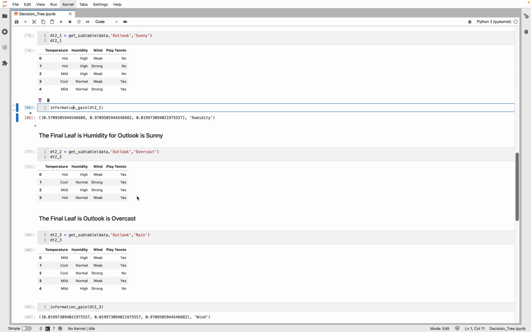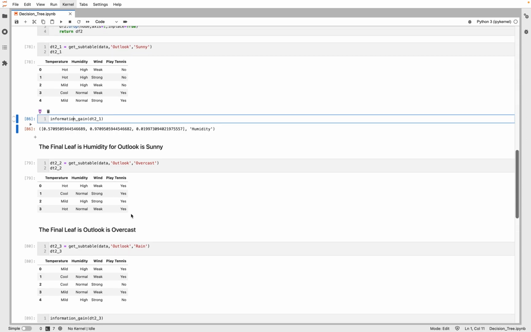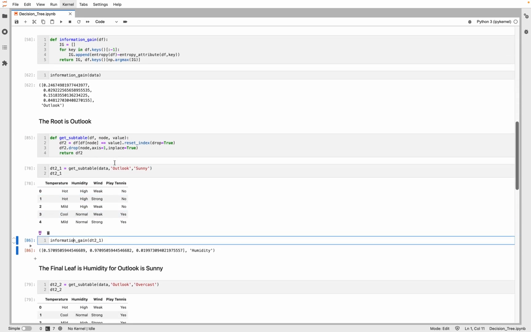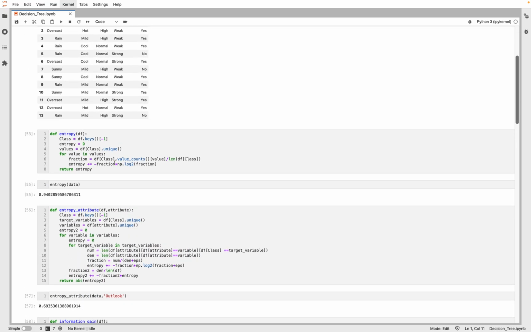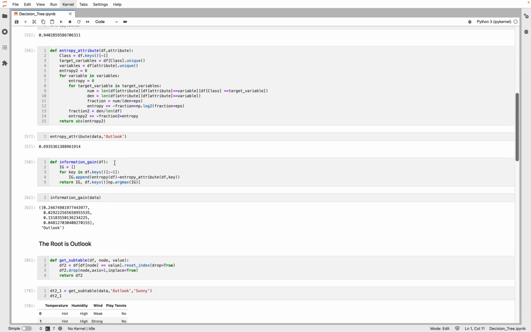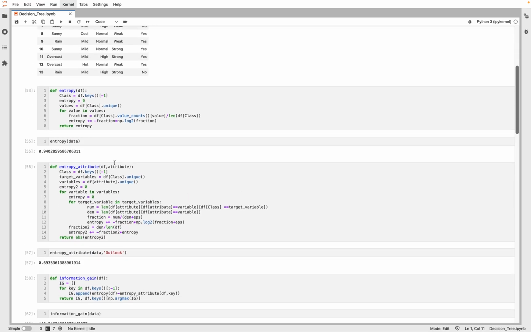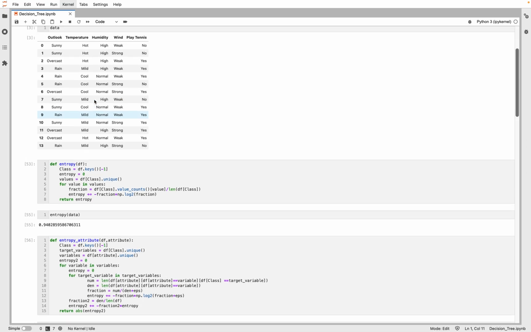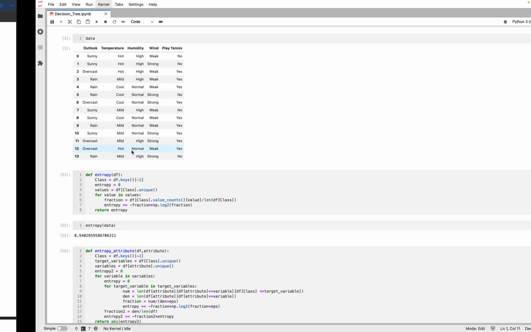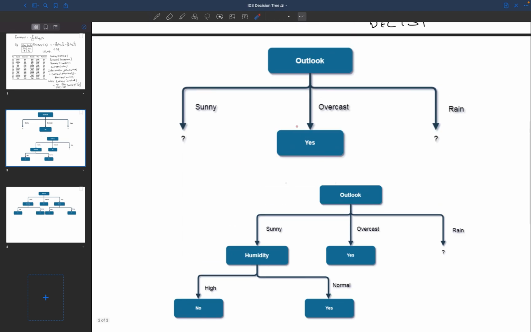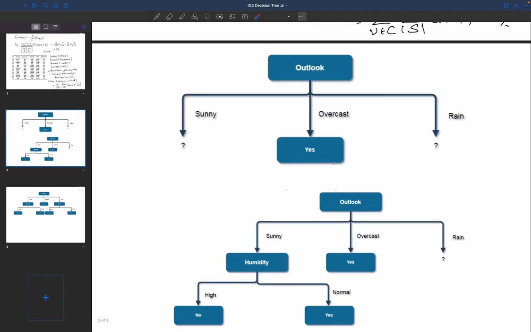For the outlook which is overcast, we can see there is only one possibility, right? When outlook is overcast, it's always yes. That's why overcast has only one outcome.